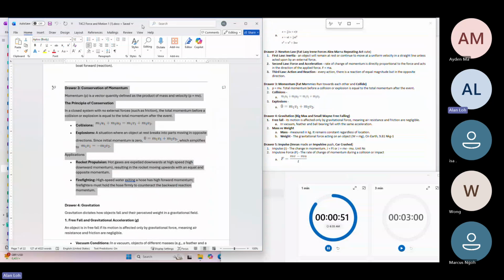Read from here, drawer 1 until impact. 30 seconds. Right. So I believe you feel that compared to 20 minutes ago when you first read this, you now have more understanding.